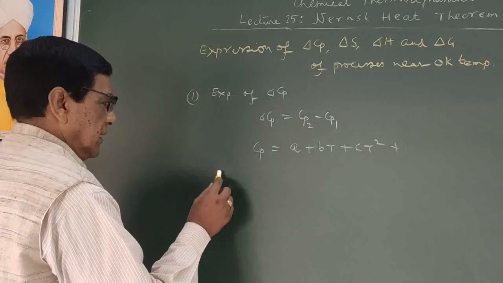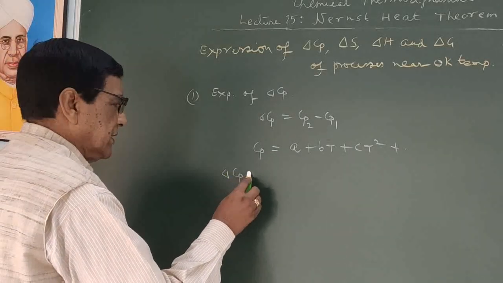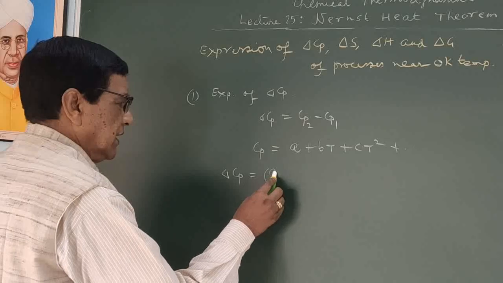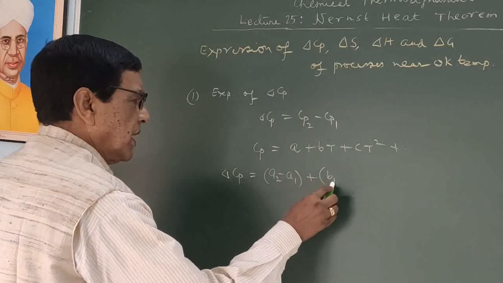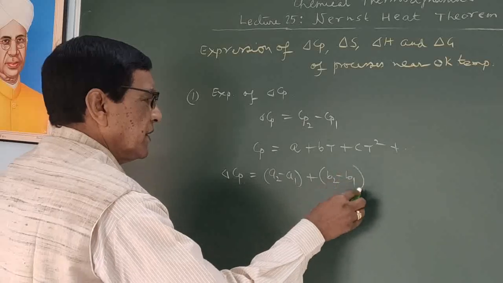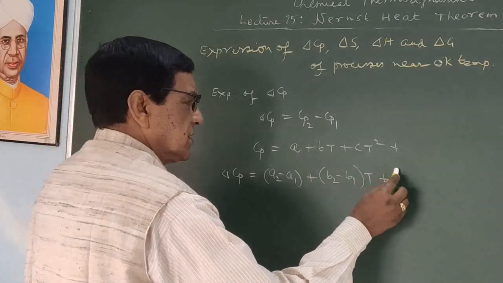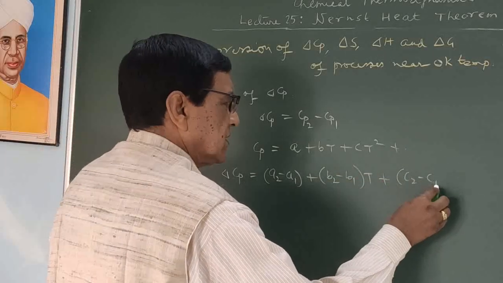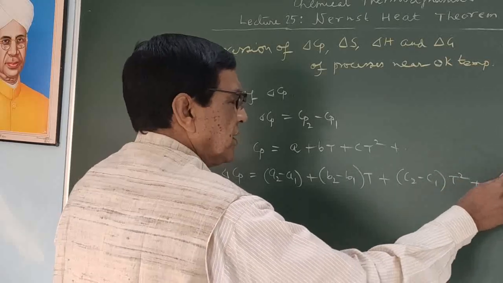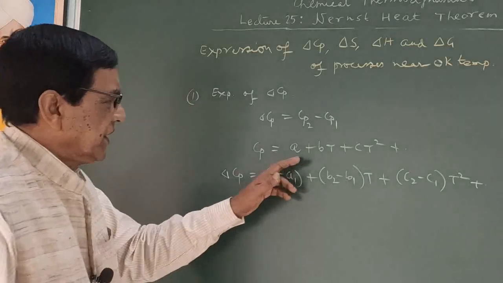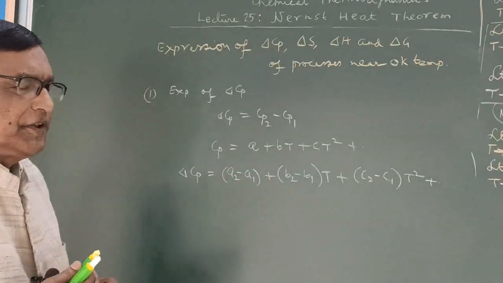So for del Cp equal to A2 minus A1 plus B2 minus B1 T plus C2 minus C1 T square plus dot. These A, B, C are the real coefficients.